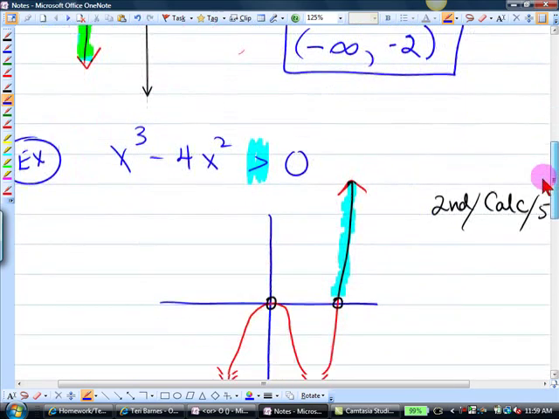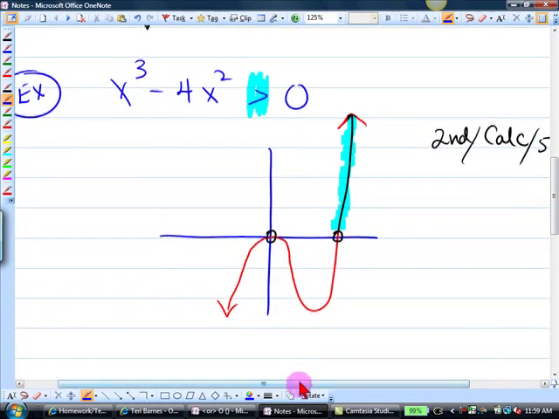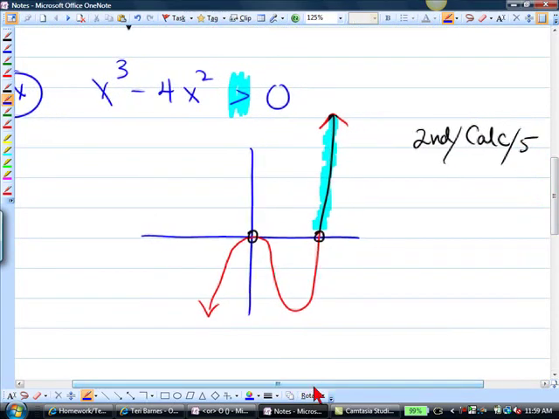All right, let's try this one. X cubed minus 4x squared is greater than 0. So this is the part that you put in the calculator. And be sure that you leave the y2 to be 0. You have open circles on these when you sketch it.